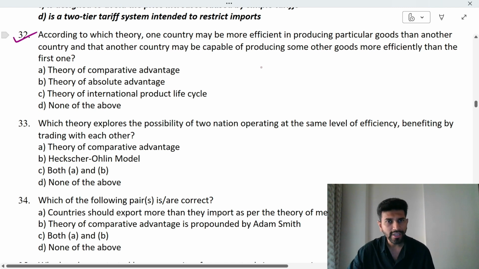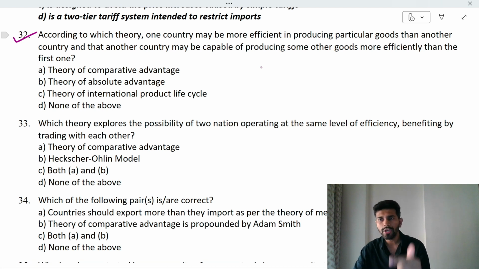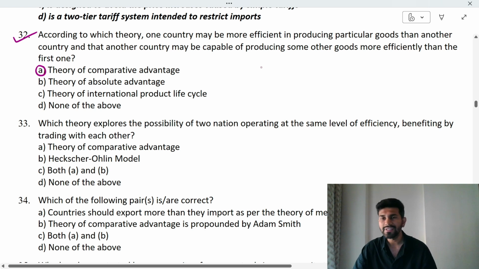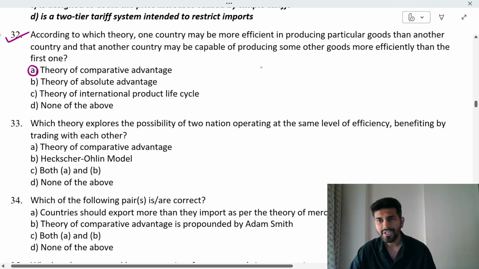According to which theory, one country may be more efficient in producing particular goods than another country, and that another country may be capable of producing some other goods more efficiently than the first one? This is comparative cost advantage theory. Correct answer is A. More efficiently means less time and more quantity production.